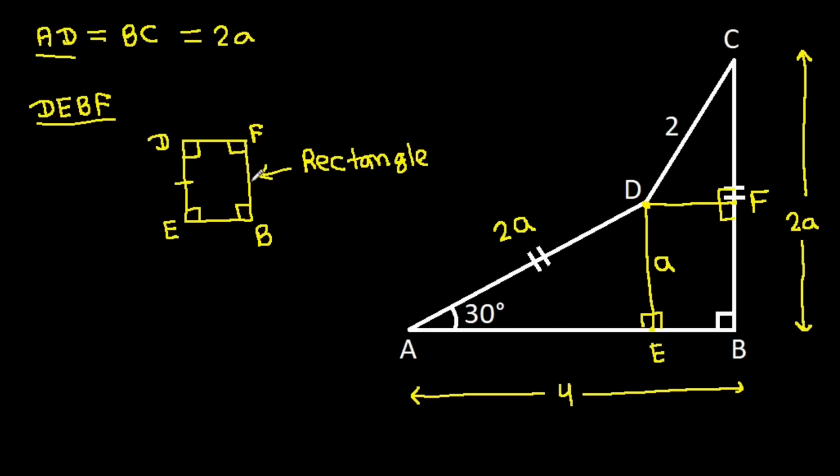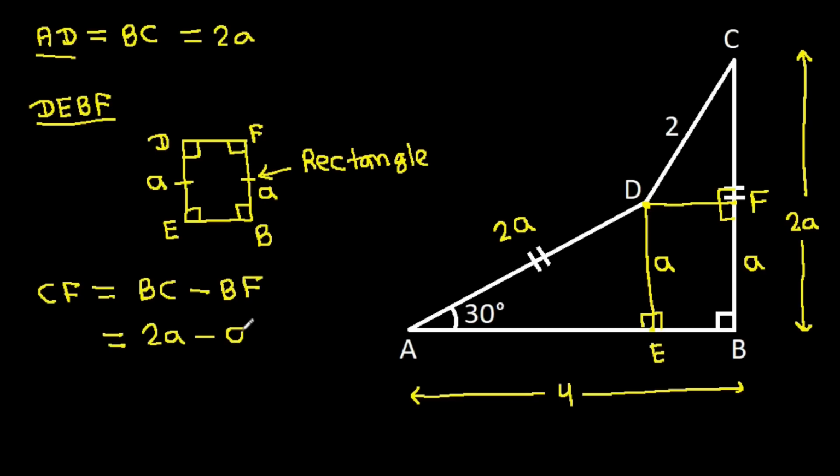So DE will be equal to BF and DE is a, so BF will be a, and CF will be BC minus BF, and BC is 2a minus BF is a, that will be a, so CF will be a.